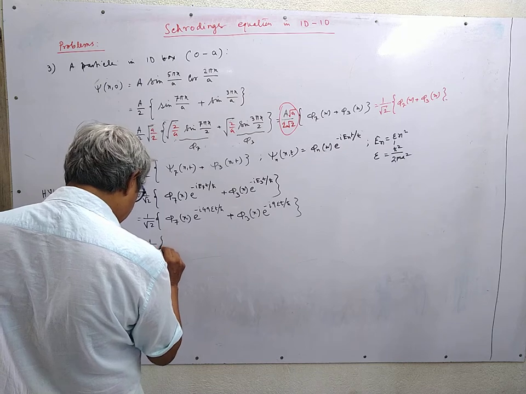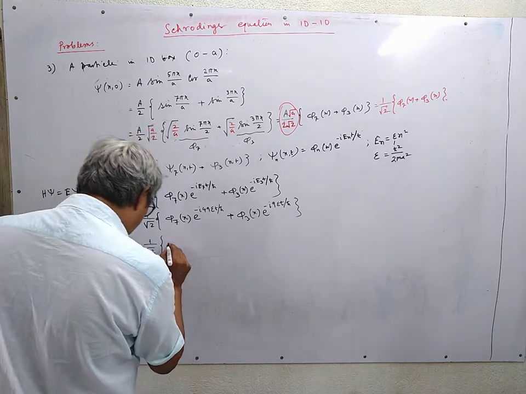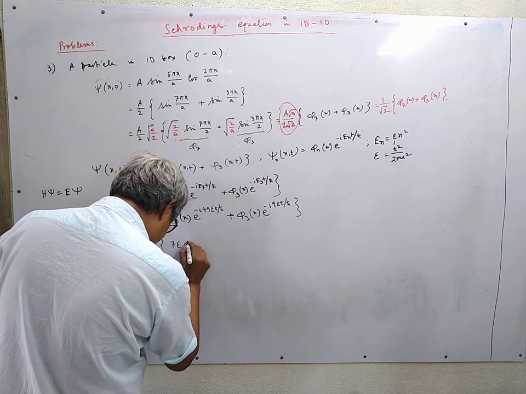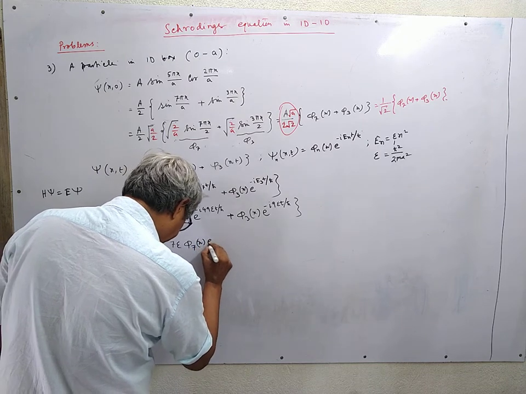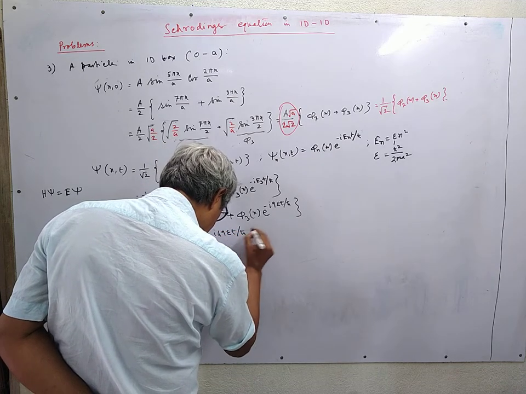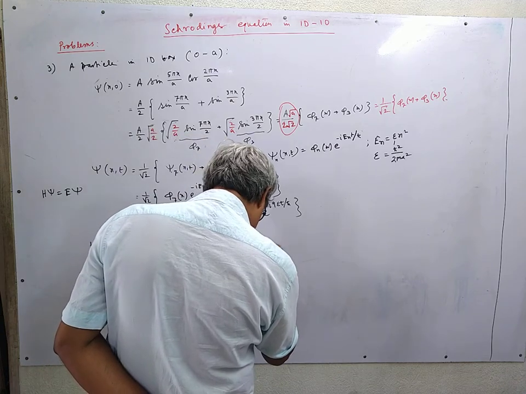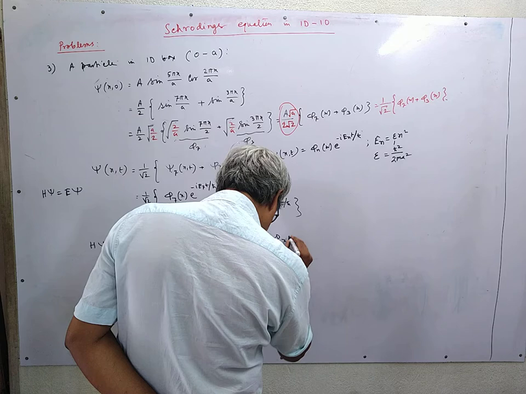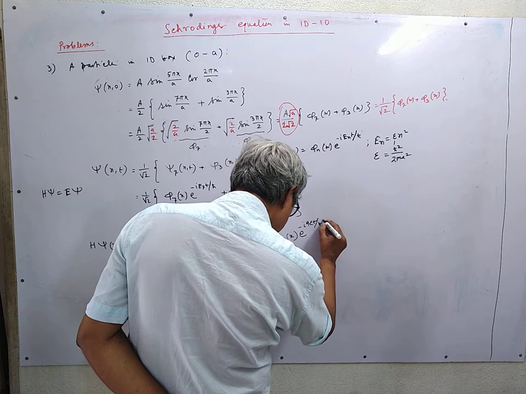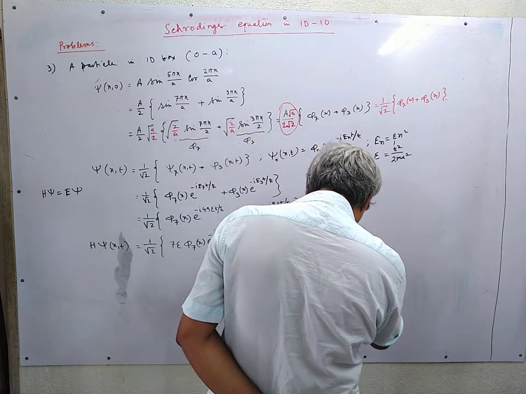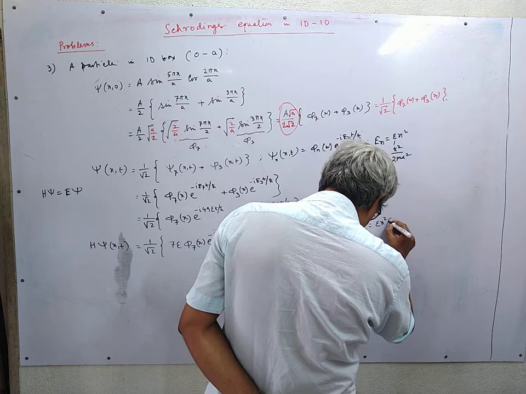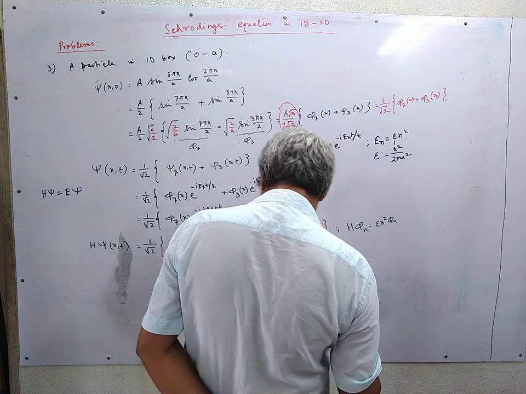So we will have, when it operates on this, you will have 49 epsilon times, here the condition that I have written, that H operating on phi n gives you epsilon n square phi n. Sorry, n square.